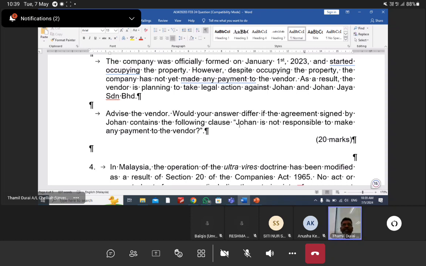Once the company is formed, the company shall take the liability. Failing which, you cannot subject Johan to make the payment. So if you can reconstruct the phrase, then yes, that is a proper exemption clause. But this exemption clause is very ambiguous and unclear. The term is not clear. I'm going back to your law of contract because pre-incorporation contract is about contract as well. The terms of contract still apply here.